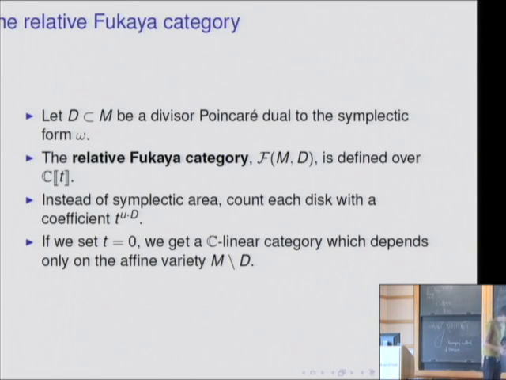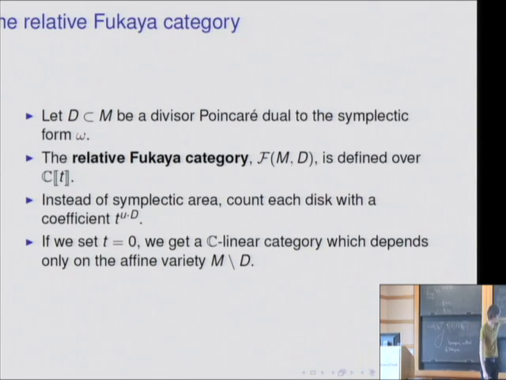So what I want to think about is a particular type of Fukaya category, one that turns out to be the best way of computing it, the one that allowed us to compute the Fukaya category of that quintic threefold a couple of slides ago. Here you choose a hypersurface called a Donaldson hypersurface. It's Poincaré dual to the symplectic form.